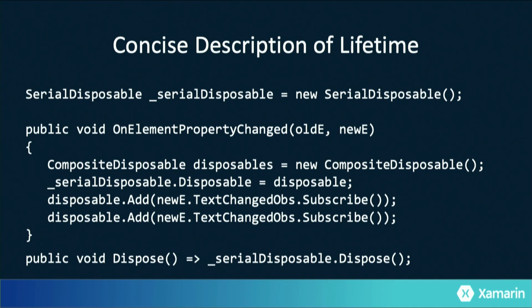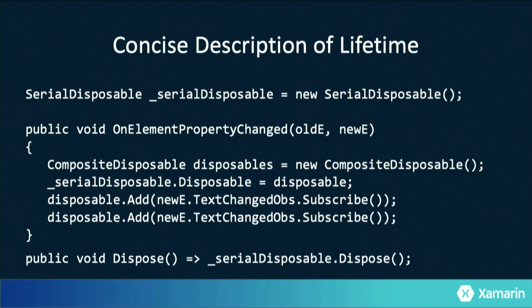So you have this idea now where the entire way you can manage the entire life cycle of something is just right there in that middle part. And that's everything you have to do. Once that's set up, anytime you have an element change and you only care about the new element, assigning a new disposable causes the previous one to dispose.